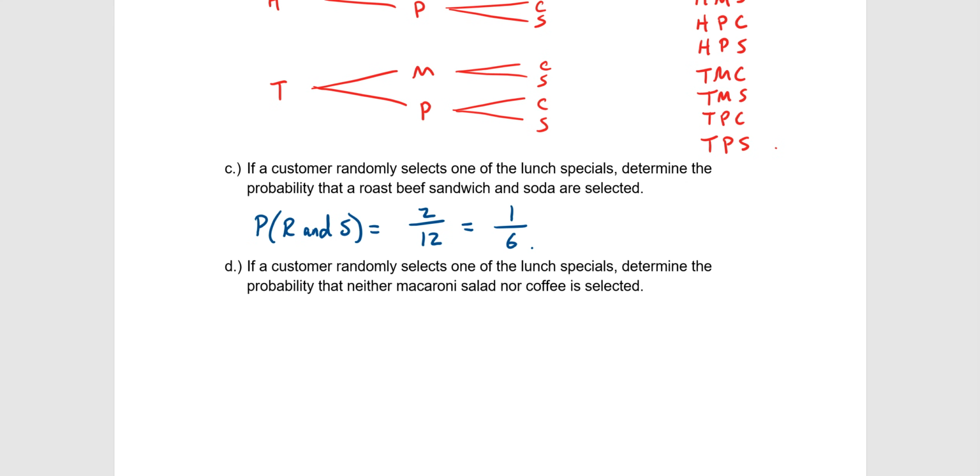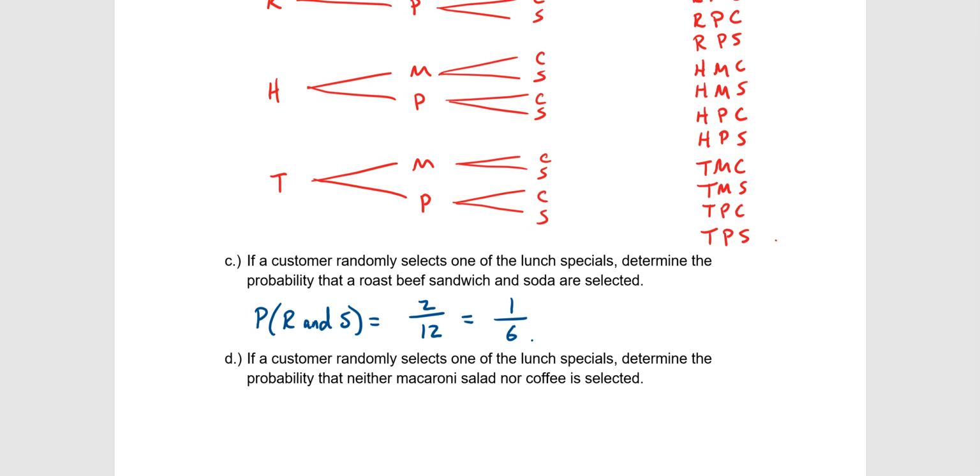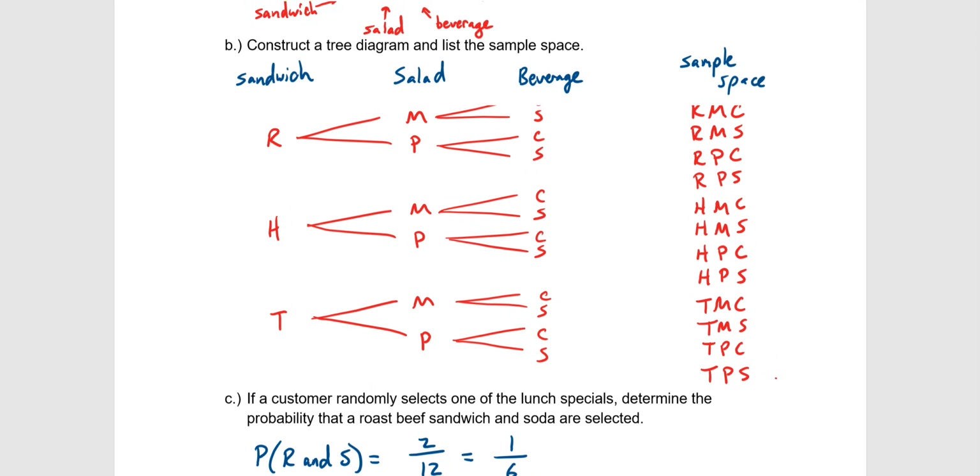Okay, next one we have, if a customer randomly selects one of the lunch specials, determine the probability that neither macaroni salad nor coffee is selected. So we have to go up to our sample space and see which of these sample points doesn't have macaroni salad and does not have coffee.